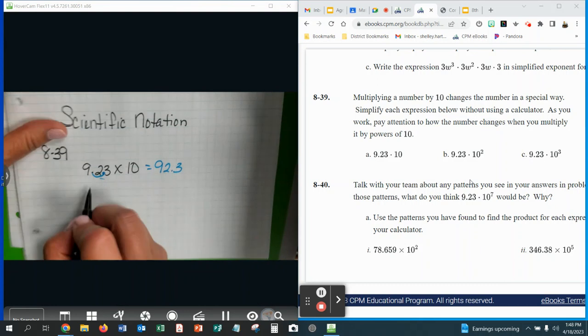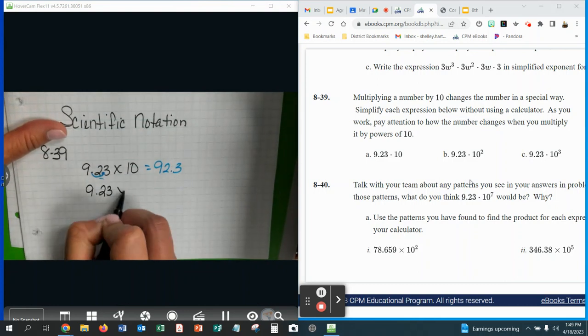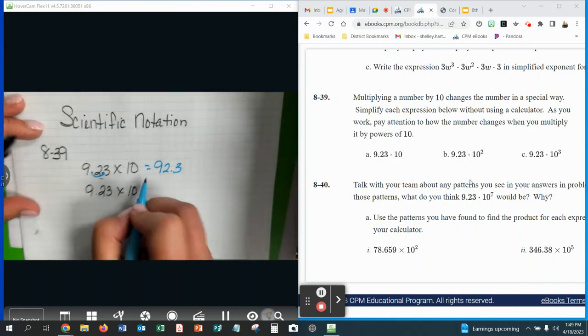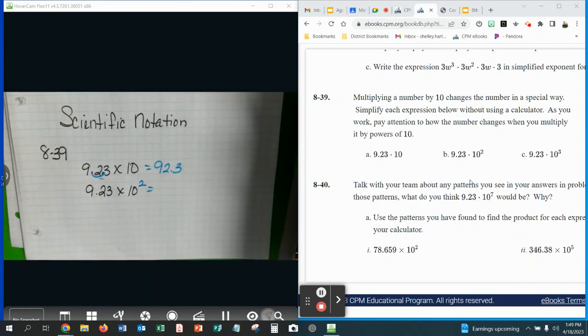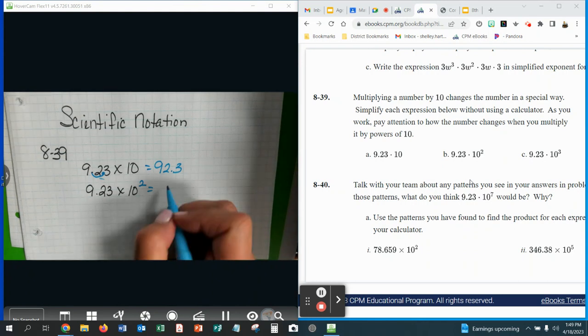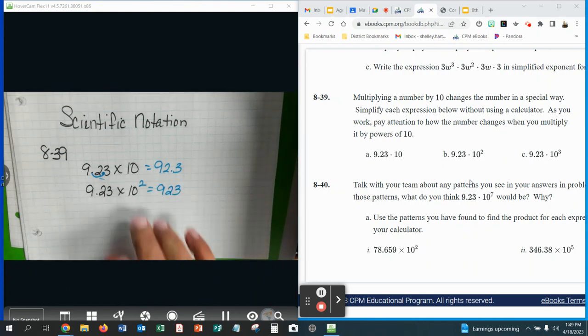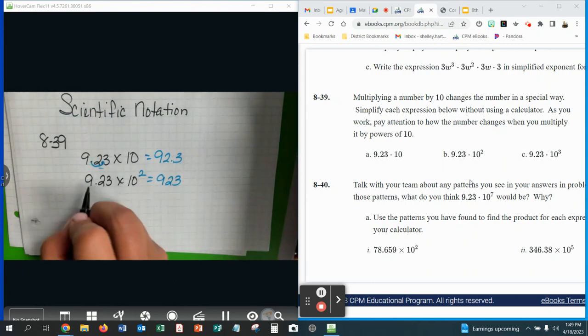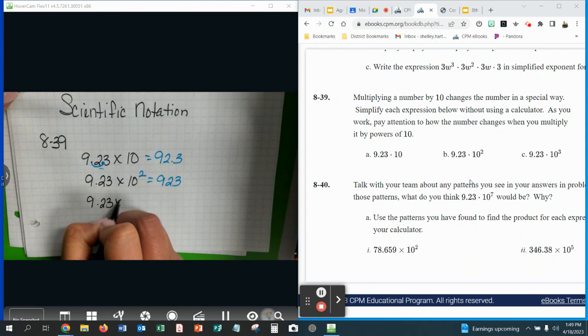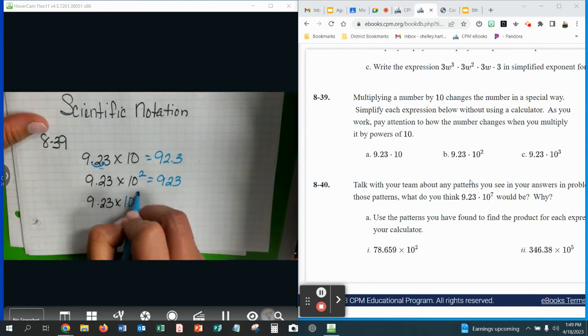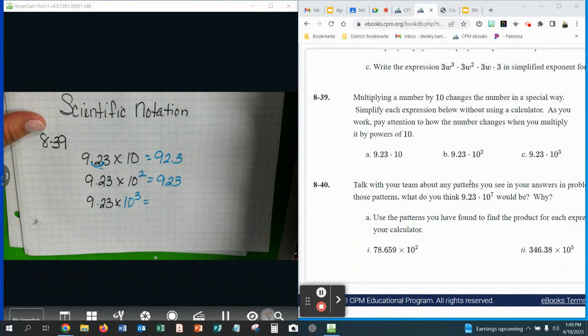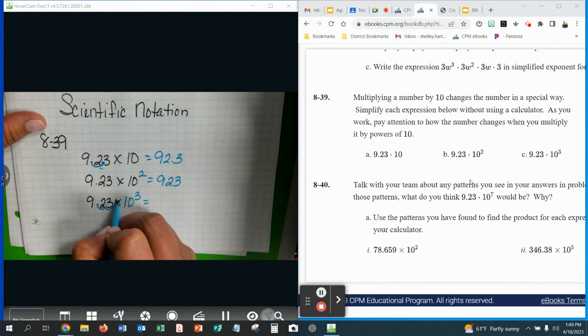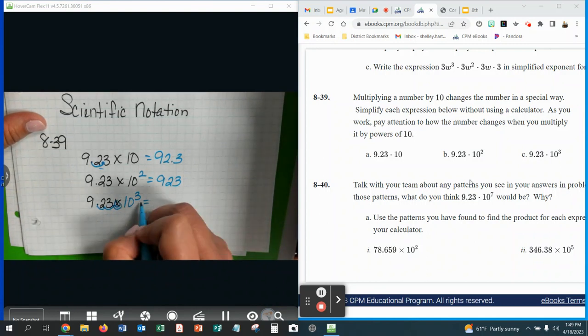What about this one? How about this? At this point, you've moved the decimal over far enough, but you also need to add a 0 because you have more tens.